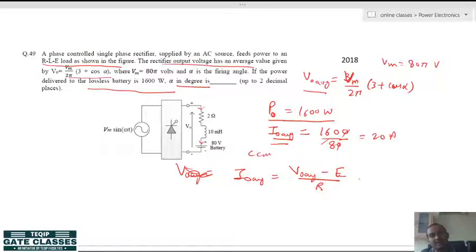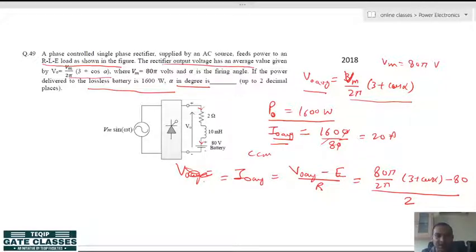V naught average is 80 pi upon 2 pi (3 plus cos alpha), minus E, which is 80, divided by R. What is the R value here? 2 ohms, and it is equal to I naught average, which we have already calculated as 20.